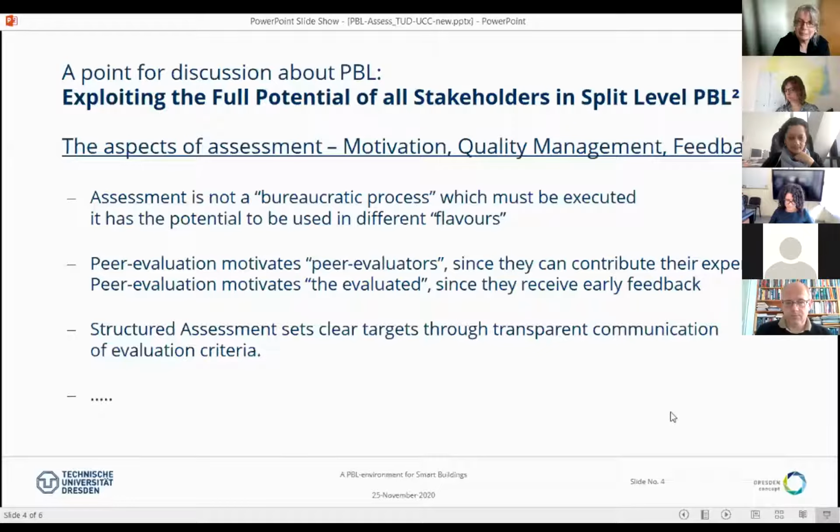And of course, the master students were freed up from producing the content, but through that involvement in the assessment, they could also gain further experience in management skills, team leadership skills, and quality management.